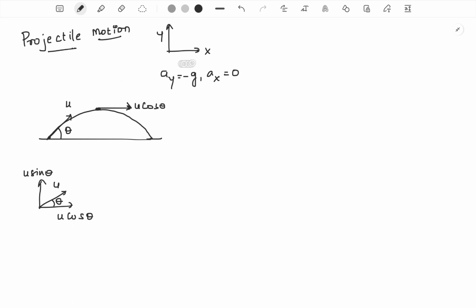Okay. So now I hope you remember the derivations related to the range, time of flight, and the maximum height reached.